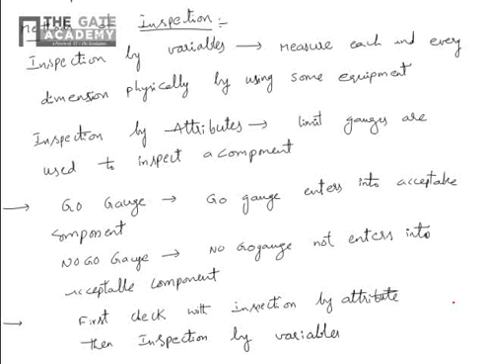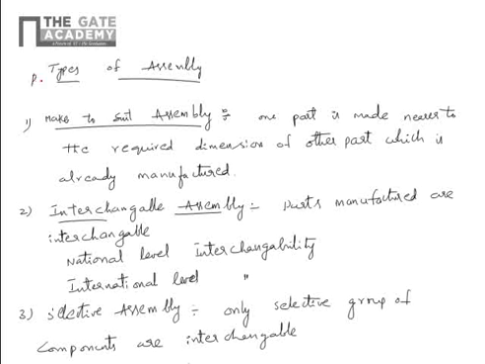So what gauges do we use as go gauge or no go gauge for inspecting a shaft and for inspecting a hole? That we need to study. Holes are inspected by plug gauges. Plug gauges are used to inspect holes.